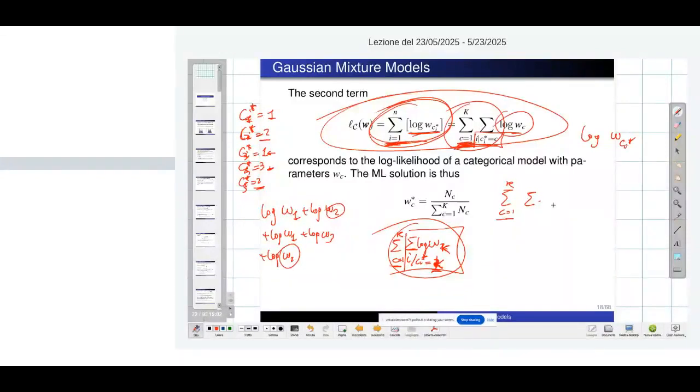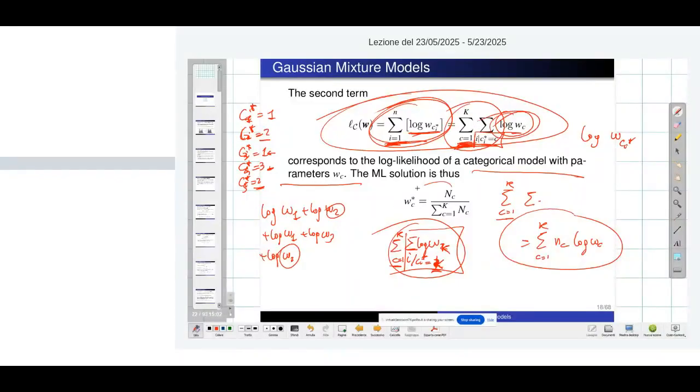If you prefer, I can rewrite it as a sum over clusters of the number of samples of the cluster times the logarithm of WC. But this is the log likelihood of the categorical model. We have seen it when we were discussing multinomial classifiers. This is exactly the kind of log likelihood we had for a categorical model.